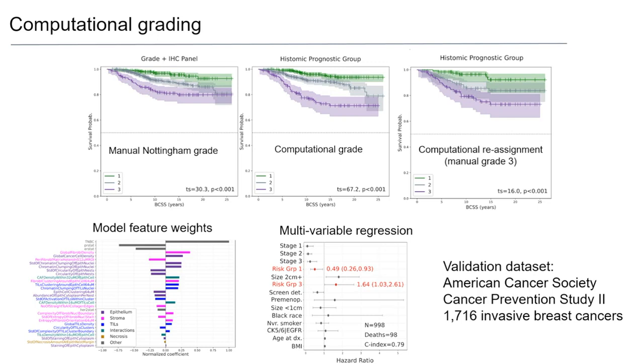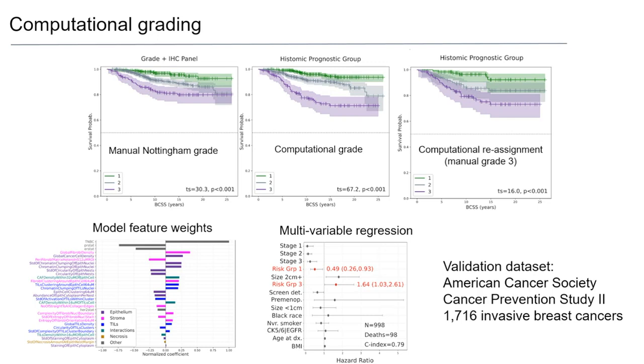When we build these models, we have weights for the different variables that go into these predictions. This print is very small, so I won't go into details, but we have different groups of features that correspond to things like immune or stroma or epithelium. We have those color coded, and we can see what are the positive and negative predictors.